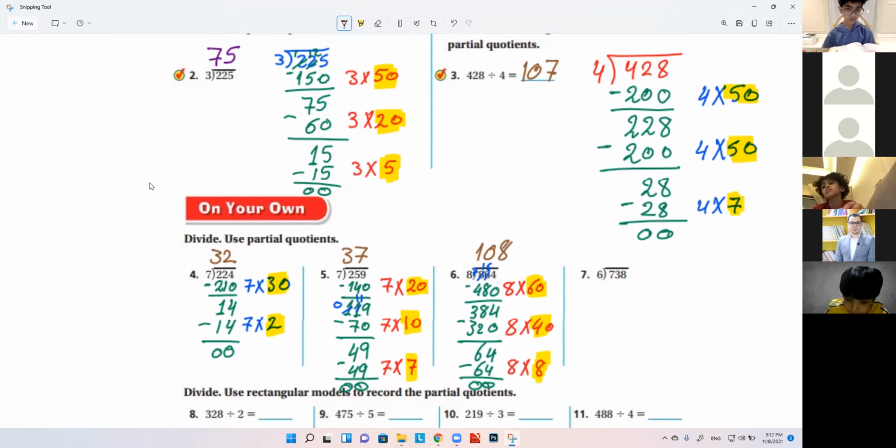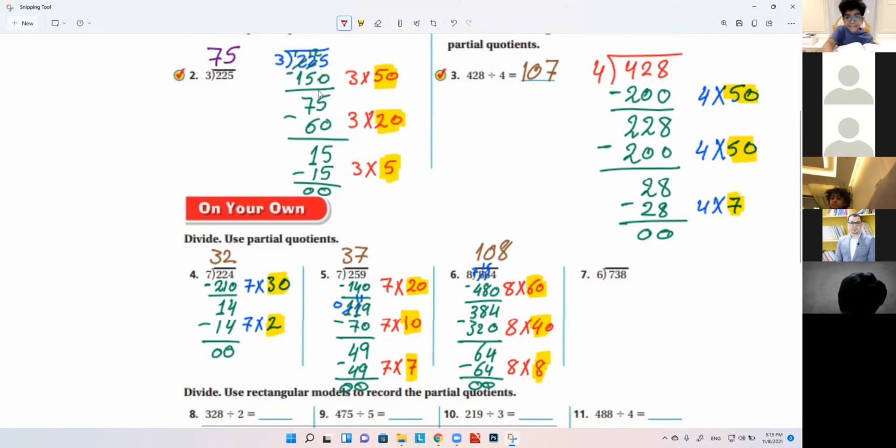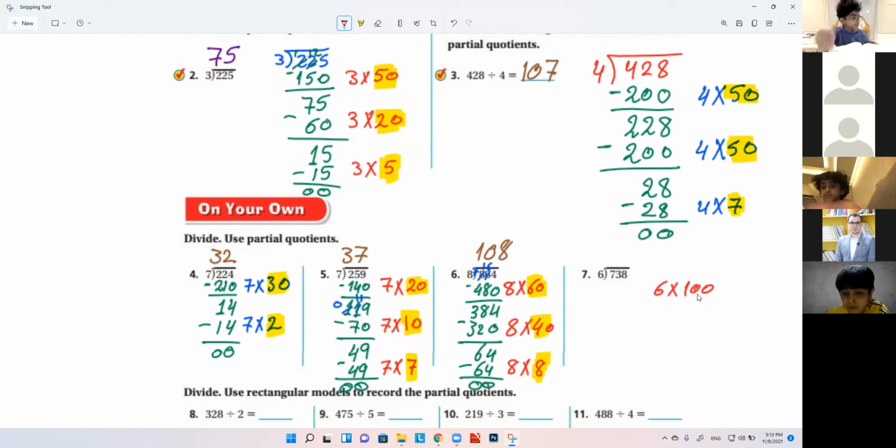Okay, what about Saud al-Huri? Yes. Okay, so with number 7, can you help? Okay, so let's see. 6 multiplied by 100, because it's 700, if you multiply by 100, it will be 600, so it's still smaller, right?